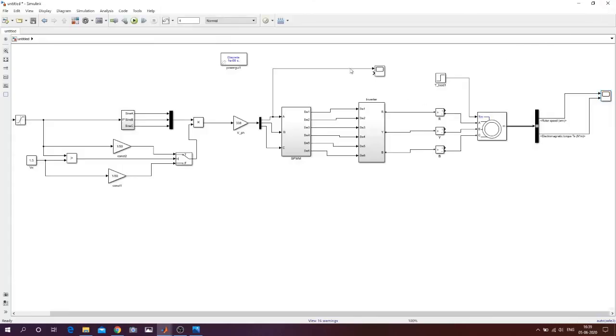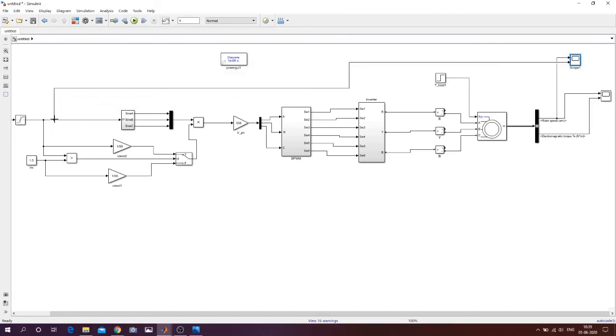If we check the speed, that is this signal, and our reference signal, that is this frequency part, then we will understand. Let us just flip this one.